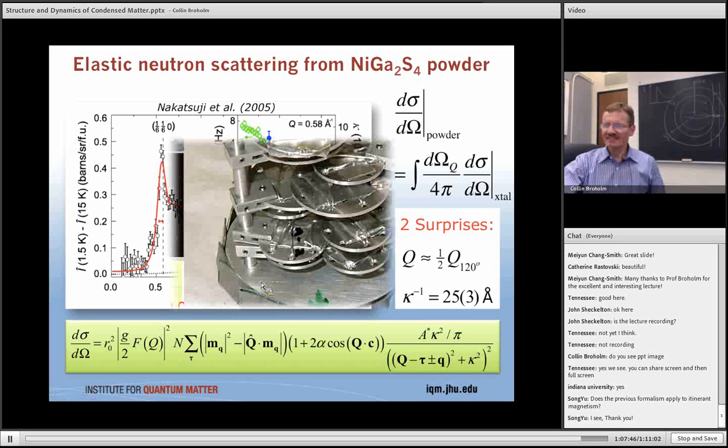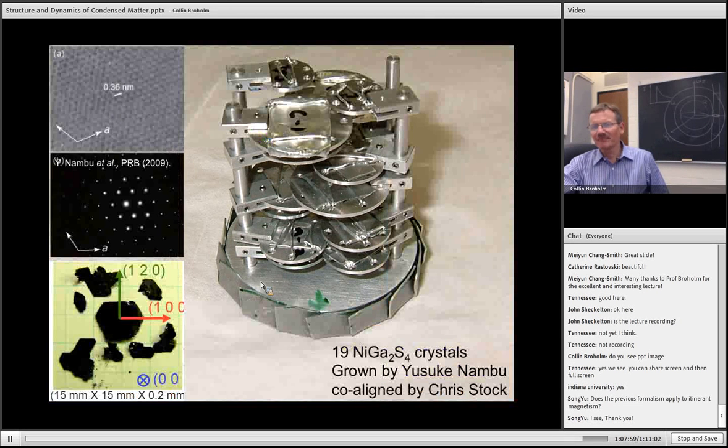And eventually, as shown in the next graph, and you can look at this offline after the lecture if you're interested, when we obtained single crystalline samples, then we were able to carry out the diffraction experiment.